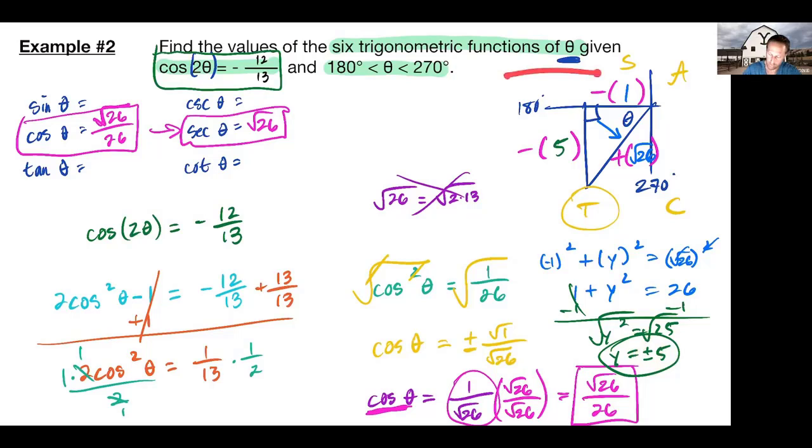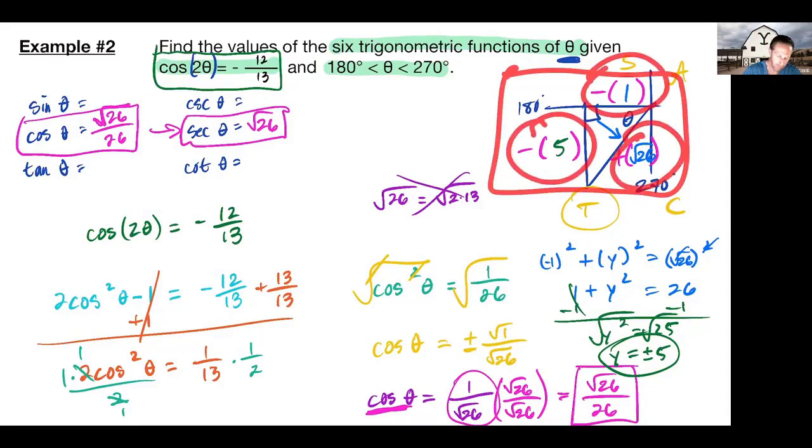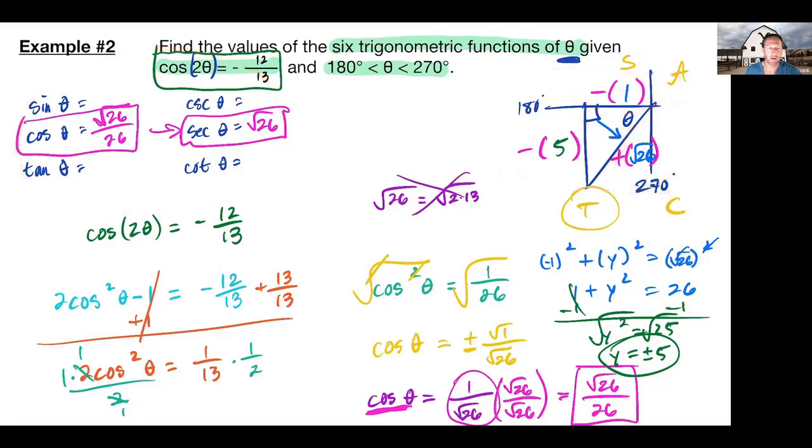Okay, so now that we have everything in our nice visual picture graph here, we have our x, we have our y, and we have our r, then I should be able to come up with any and all of those. So that's it. Sine is equal to the y over r, which we know the y is this, our r is that. So I'm going to go ahead and do the reciprocal of that to find cosecant first.